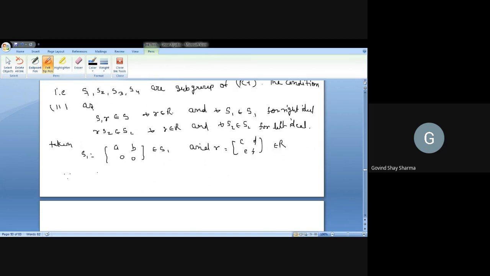That means S1 times r, (a b; 0 0) times (c d; e f), is equal to (ac plus be, ad plus bf; 0, 0). That means S1 is right ideal.